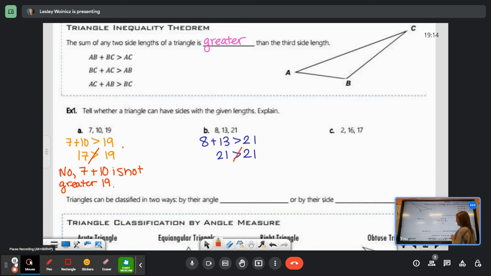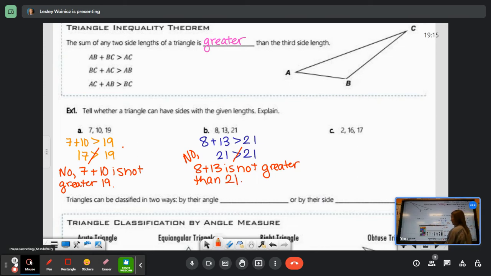This did not make a true inequality. So we can say no, 8 plus 13 is not greater than 21.